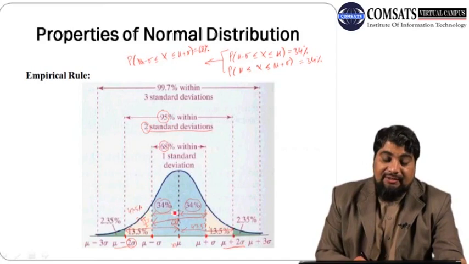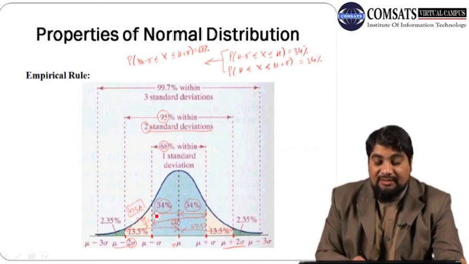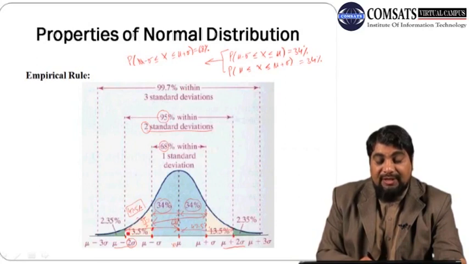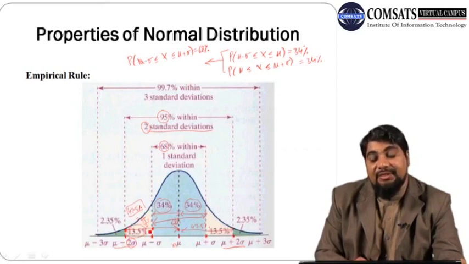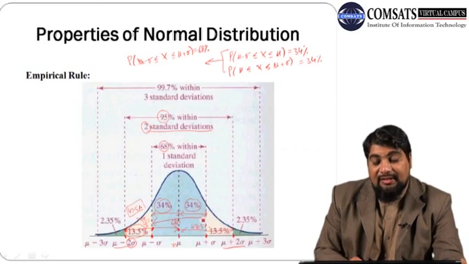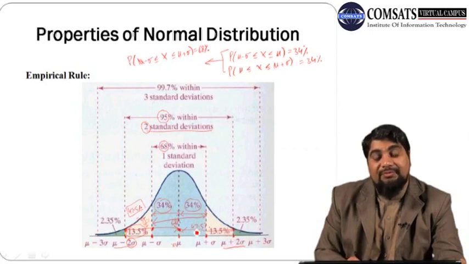And remember that out of this 47.5, if from this point to this point it is 34, then from this point to this point it is 47.5 minus 34, which is 13.5%. Similarly, on the right hand side, the probability from mu to mu plus 2 sigma is 47.5, but it is subdivided into 2 parts.